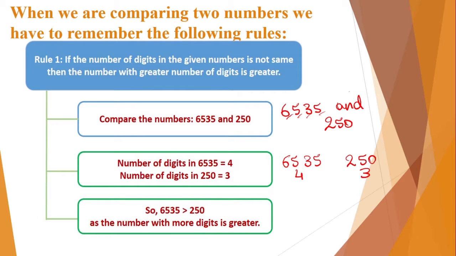Now let me ask you a simple question. Is 4 greater or 3 greater? Obviously 4 is greater than 3, right? So hence 6535 is greater than 250. So the number with more digits is greater.